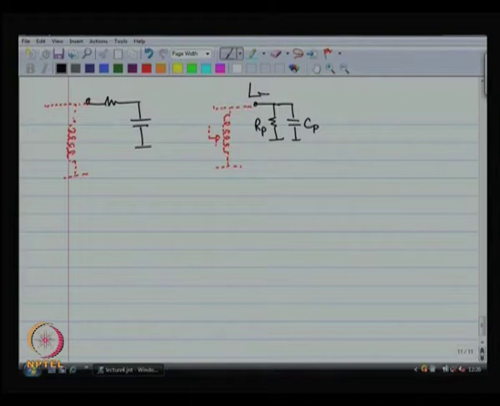So, we will equate the input impedance looking in from these two terminals, real and imaginary parts of these, and we will figure out how the resistor and the capacitor need to be numerically related to each other. So, how are we going to do this? Same procedure. First of all, we have the observation that Q of the parallel network is proportional to Rp by square root of L by C, and I do not want to really use L over here. So, let me try to get rid of L.